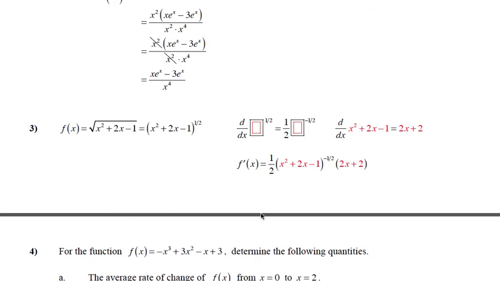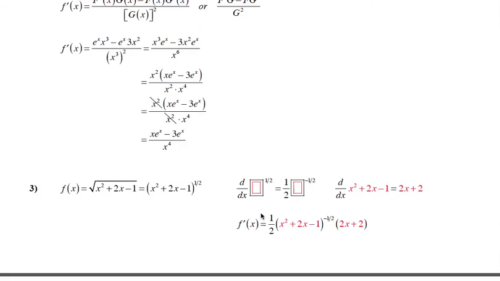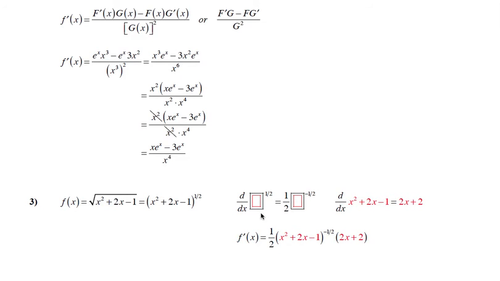And finally, the last question on this first page, question 3, uses the chain rule. Now, if your question on the exam is a radical like this, you're going to want to convert that to an expression with a rational exponent.